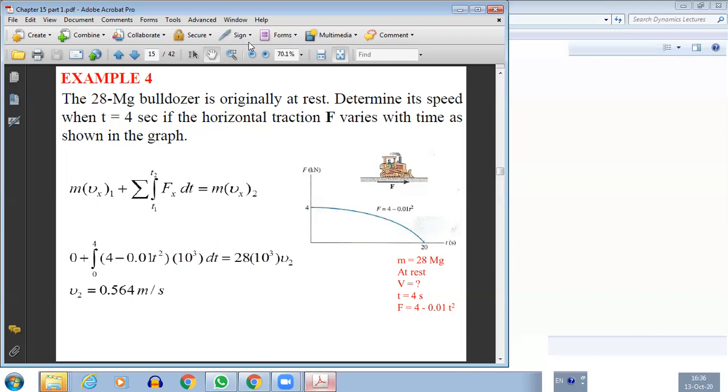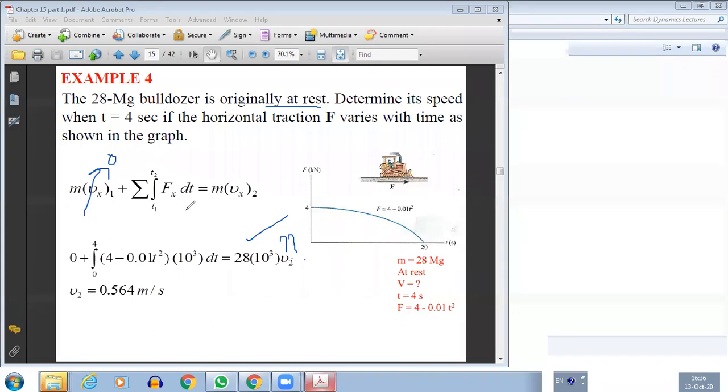So it started from rest, originally at rest. So vx1 was 0, and the final velocity we need to find. The mass is provided. So we have to put summation integral t1 to t2 Fx dt. F as a function of time is provided.